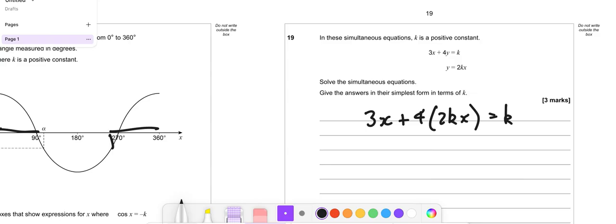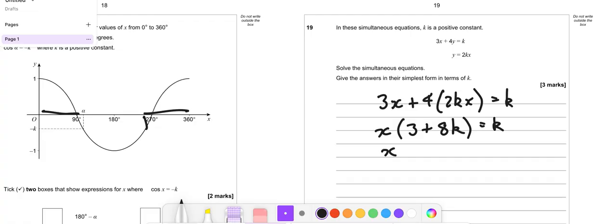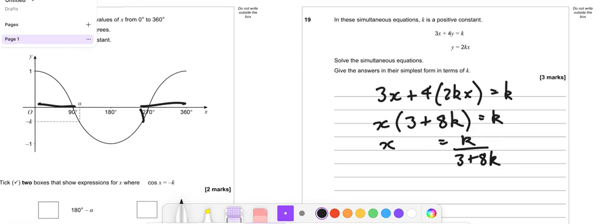Then if we take x out as a factor, we've got 3 plus 8k times x equals k. So we know that x equals k over 3 plus 8k. Can't get it much simpler than that.